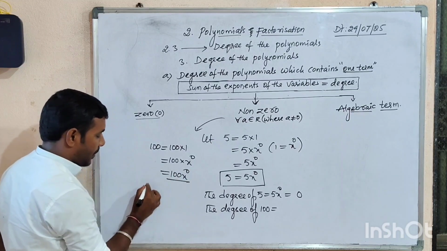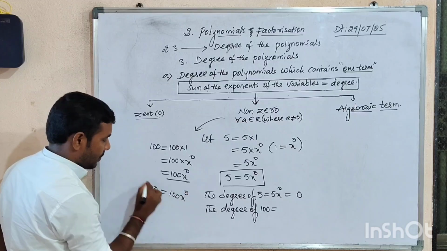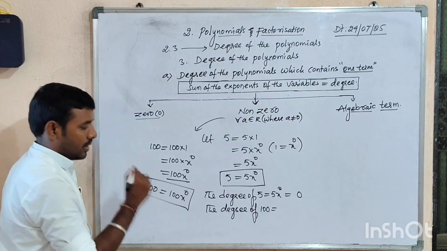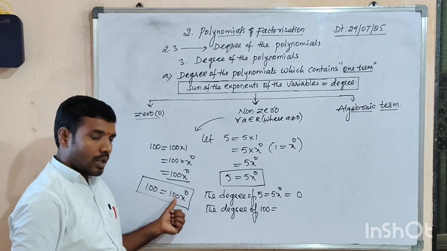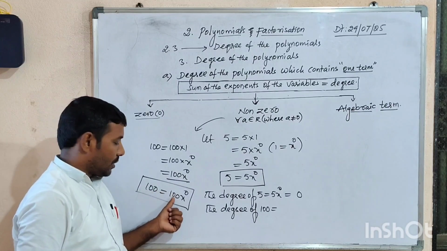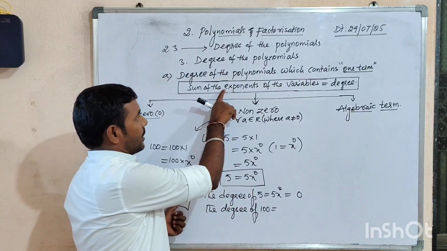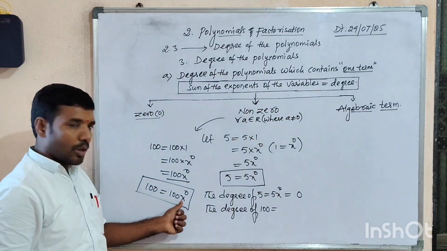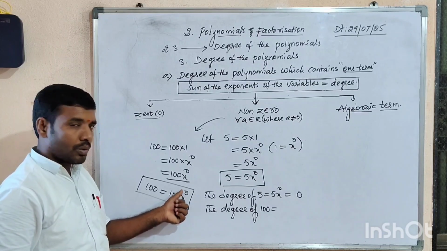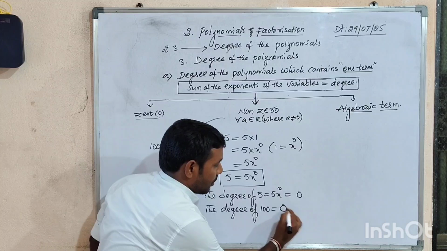So 100 is equal to 100x to the power of 0. Now according to the definition, the exponent of the variable is called the degree. Here the variable is x, its exponent is 0. So the degree of 100 is 0.